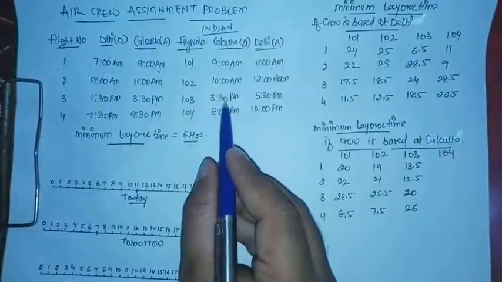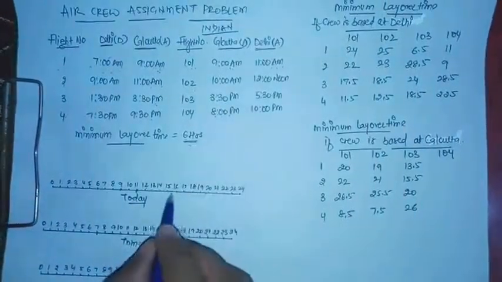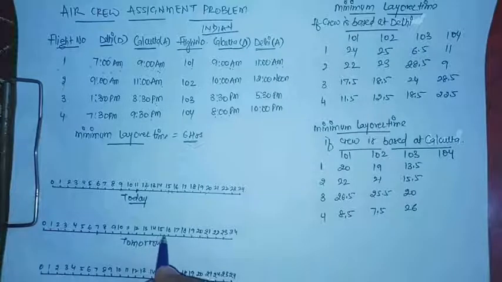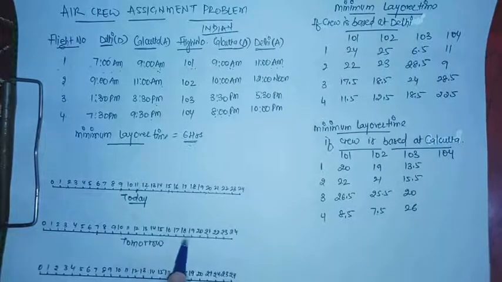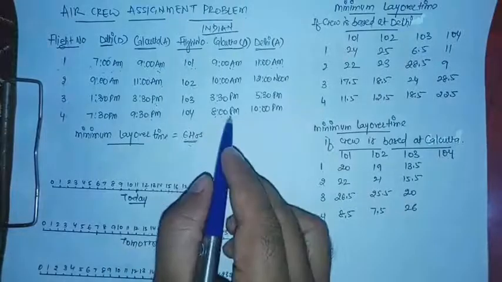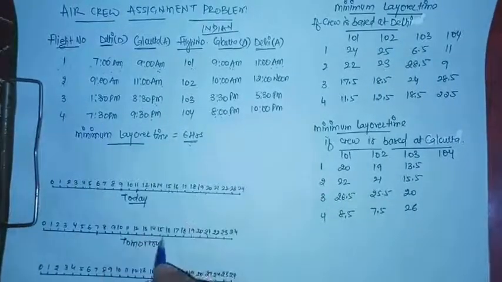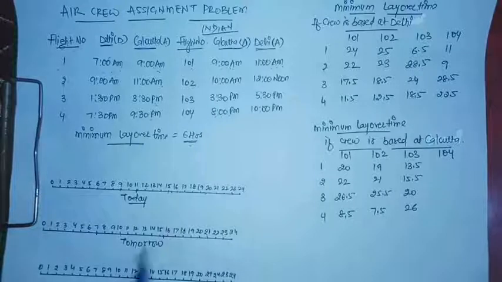As we have arrived at 3:30 here, and we are reaching at 7:30, so 3:30 to 3:30 is 24 hours. Okay, and we are moving at 7:30.